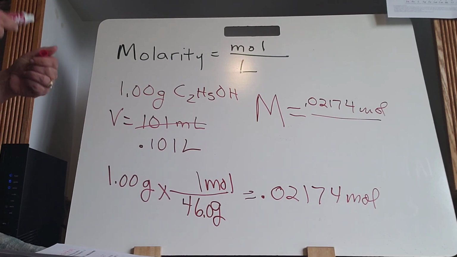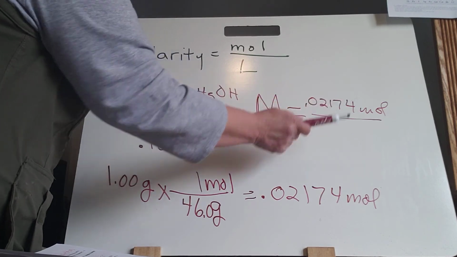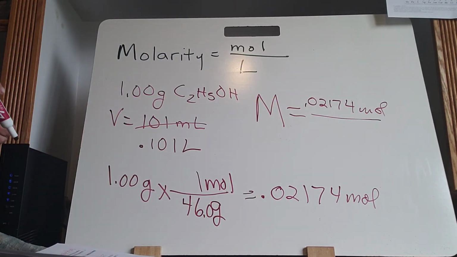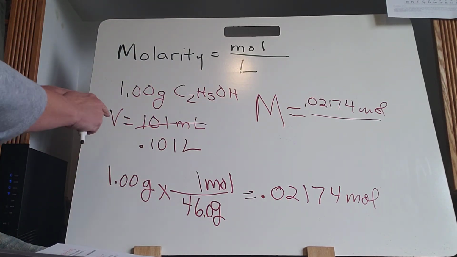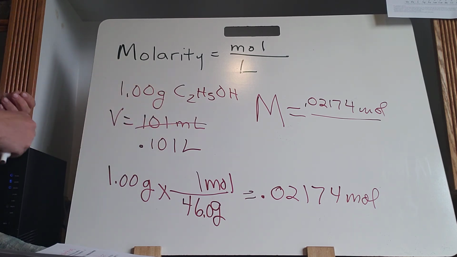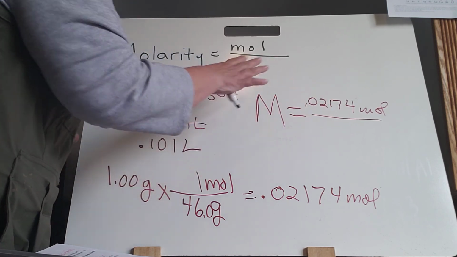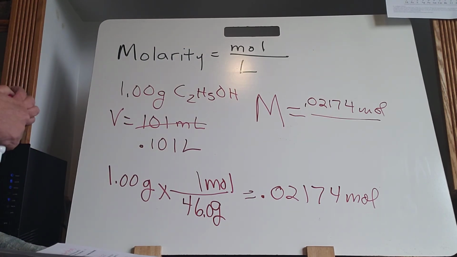I usually do 4 sig figs when I'm doing the moles, because this is not going to affect my sig figs. My sig figs always come from the numbers in the original problem. So we know we're going to have 3 here, 3 here. Our answer is going to have 3. You don't want to shorten that so much. If it was 0.02, it's going to give us a different answer. So I usually go out to 4.